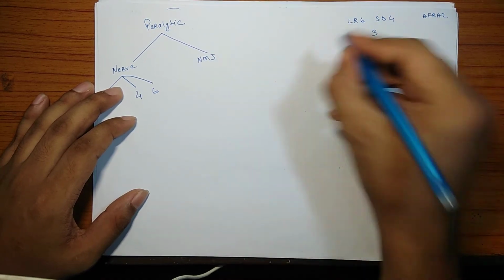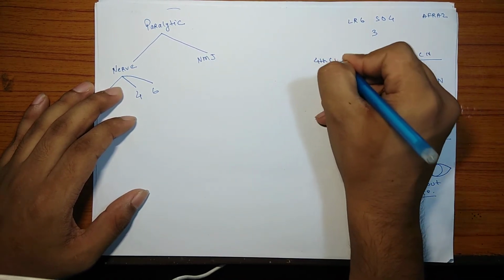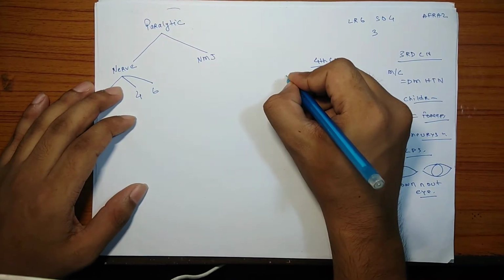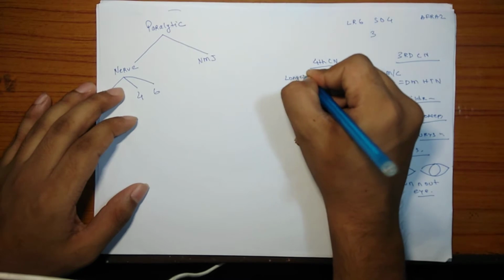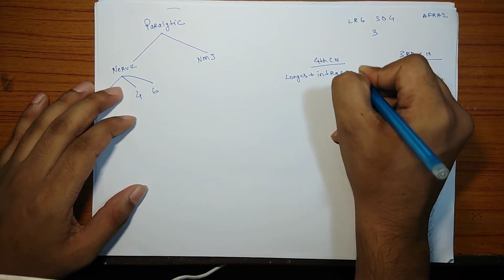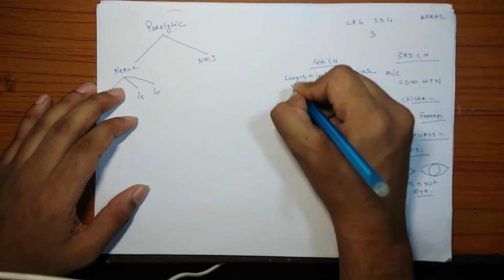Okay, so we have the 4th cranial nerve palsy here. Before I start, you should know that this is the longest intracranial nerve.